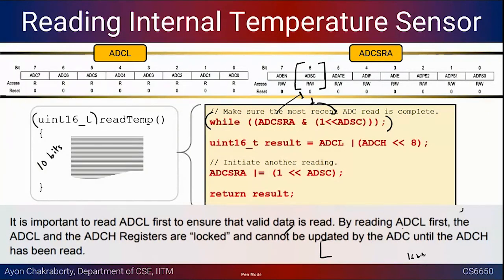If you read the ADCL first, the ADCL and ADCH registers are locked and cannot be updated by the ADC until the ADCH has been read. So if you read the ADCH first, then ADCL cannot be read properly, so you have to read the ADCL first.